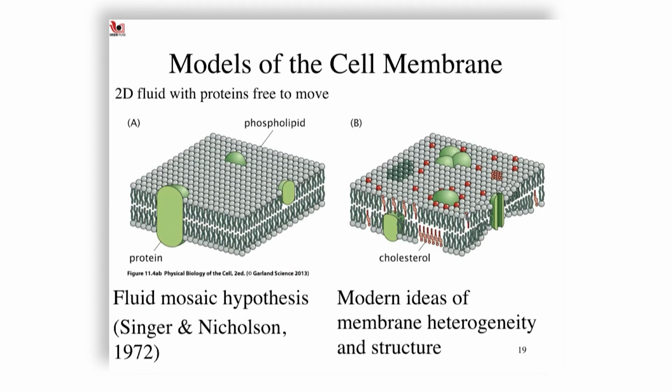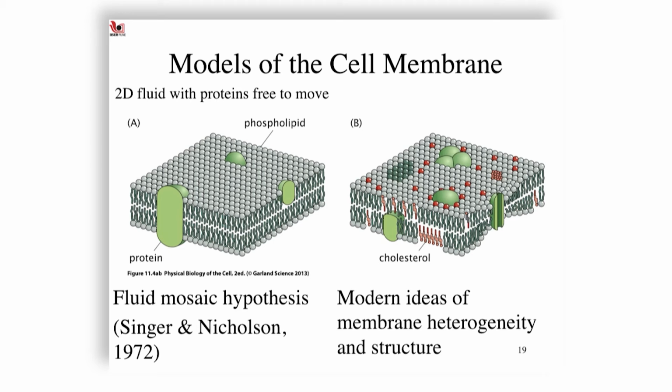So models for the cell membrane are classic, and I think all of you have gone through school, or college, university, hearing about the fluid mosaic hypothesis. This is attributed to Singer and Nicolson, 1972, even before I was born, but I did read about it, or maybe that's why I read about it. Modern membrane models or ideas of membranes involve an idea of heterogeneity and structure.